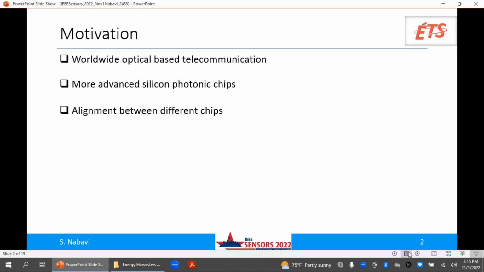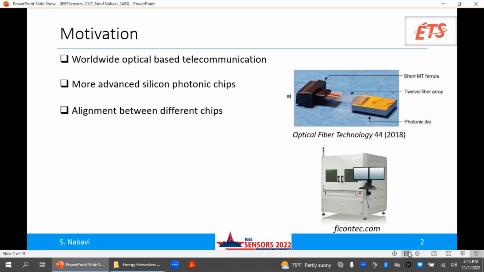Due to the unique characteristic of light, which travels straight, optical alignment between different chips is needed. Also, I have to mention that silicon photonic chips are made of passive and active components, so we need to have the alignment.